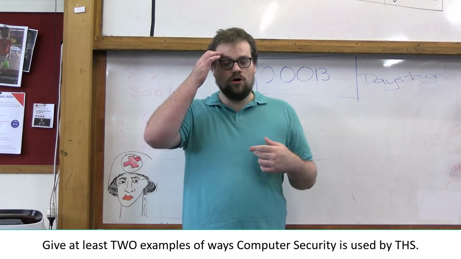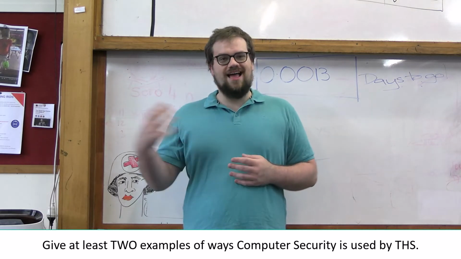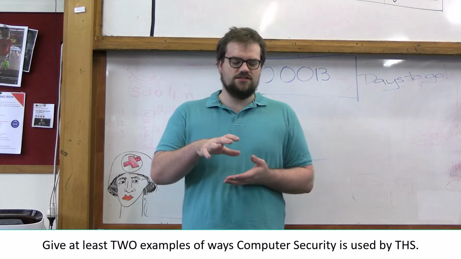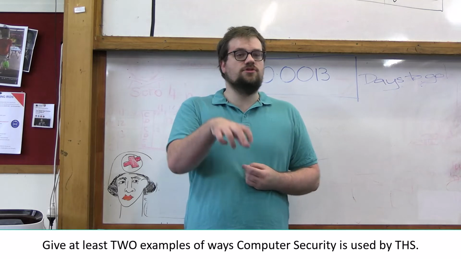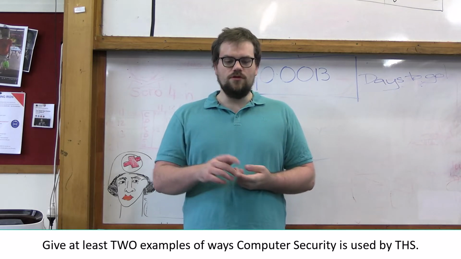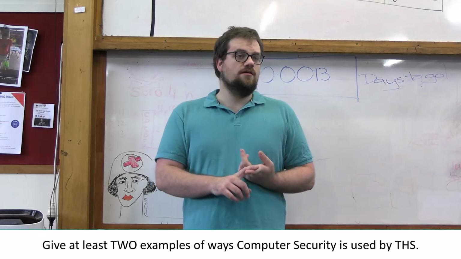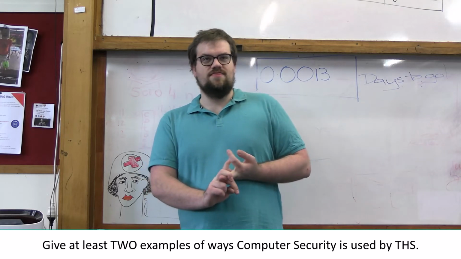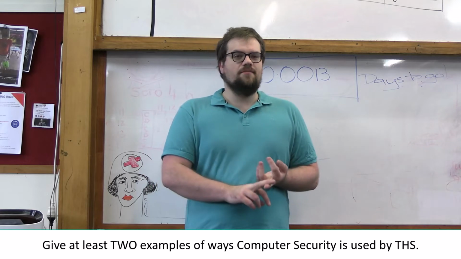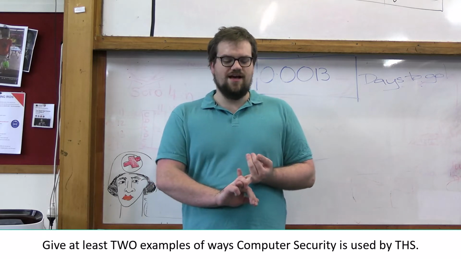The next is filtering. Now, this is more, instead of somebody outside trying to attack in, this is more somebody attacking an individual person who's already on the network. So one of the biggest things we filter is questionable content, in that scamming, phishing attacks, things like that.